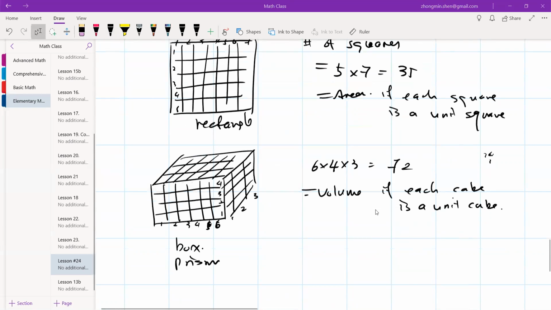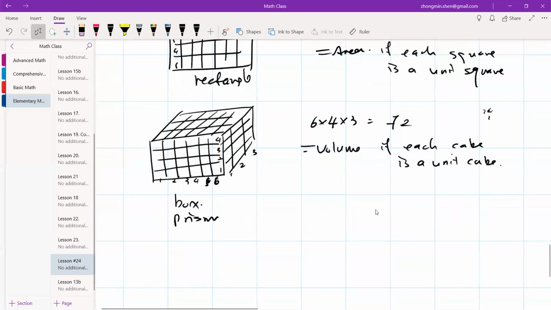If we want to understand the meaning of volume, the volume of a prism is just the number of unit cubes inside. Of course, sometimes the edge length is not an integer, but it's still about the same meaning.